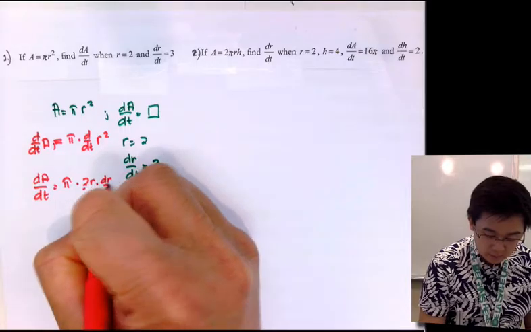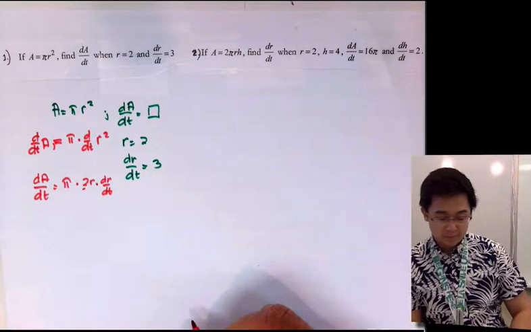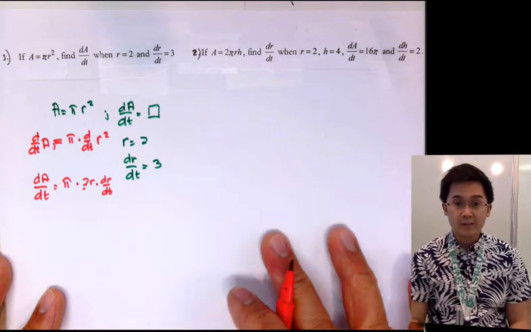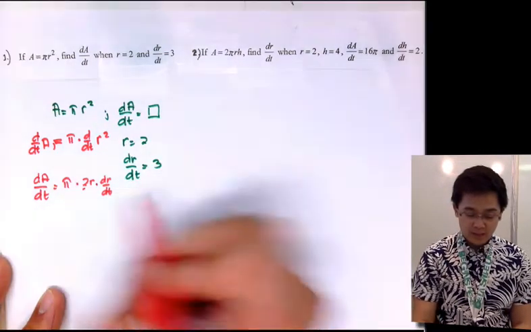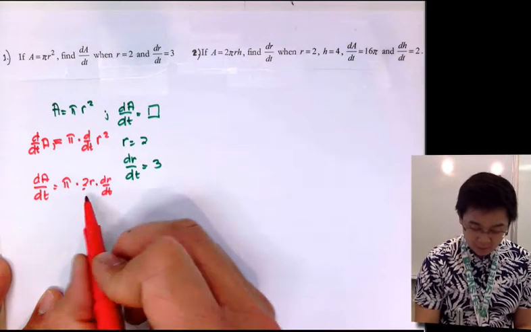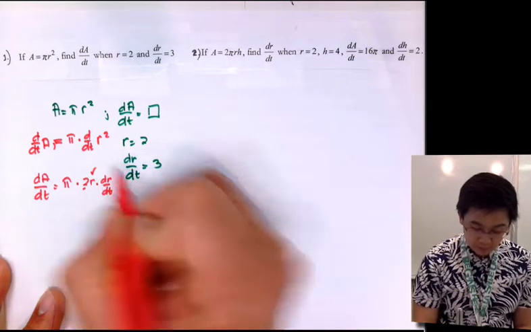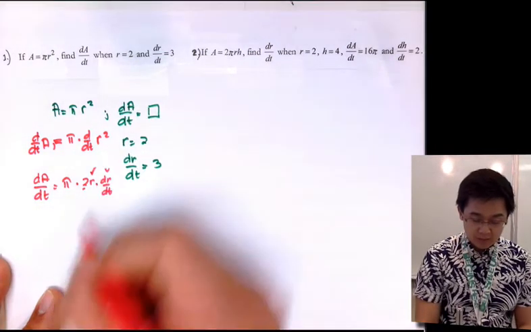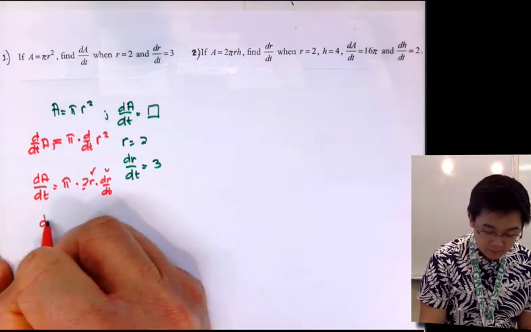times dr over dt. So this is now our derivative function, and we're going to use this in working with our derivatives. So by substitution, we have the value of r, and we have the value of dr dt. So we're going to be able to find dA dt by substitution.